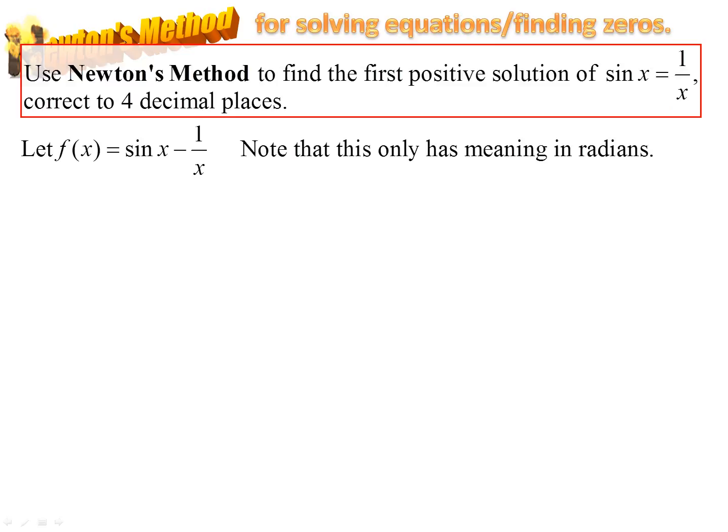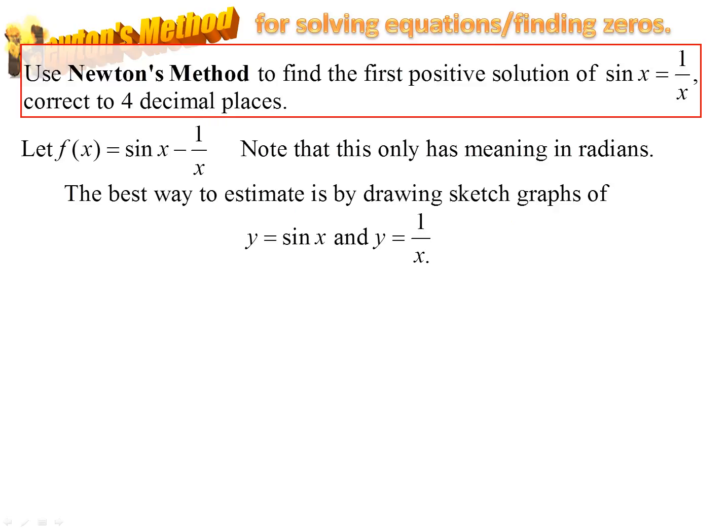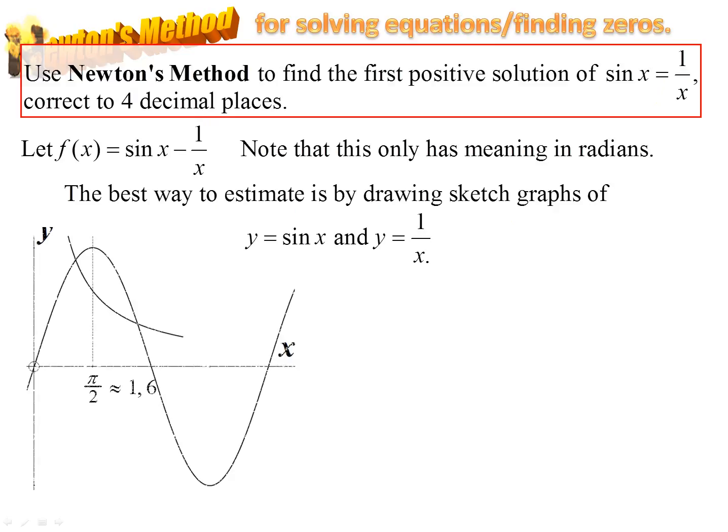So there we are, f of x equals sine x minus 1 over x. Remember, calculus you can only do in radians. It only has meaning in radians because you cannot divide 1 by degrees. Now, let's draw y equals sine of x and y equals 1 over x. And there the two graphs are.